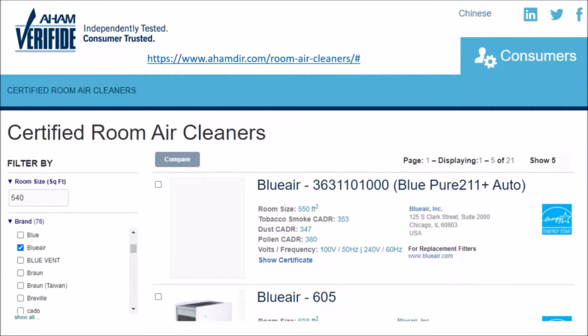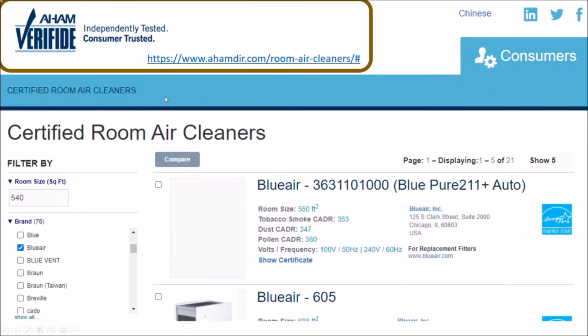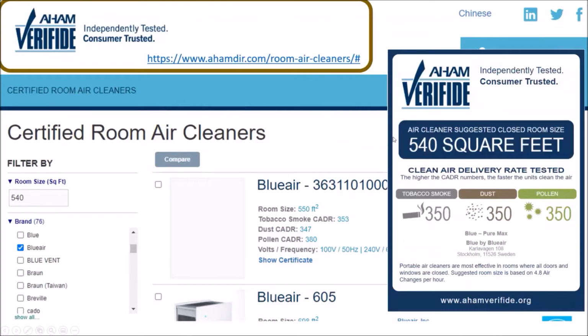Now, you can also go to a website called Verifide, which is an independent testing agency for air cleaners, and they give a certificate for whatever product you pick, and it gives you only the CADR numbers, nothing about noise or anything like that.